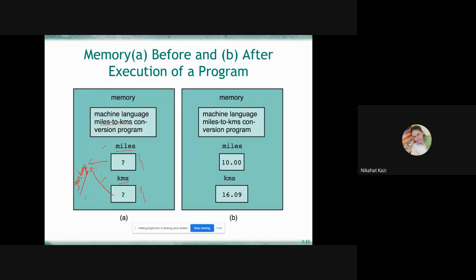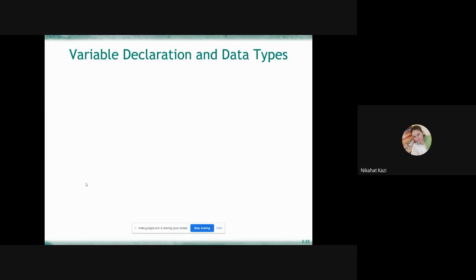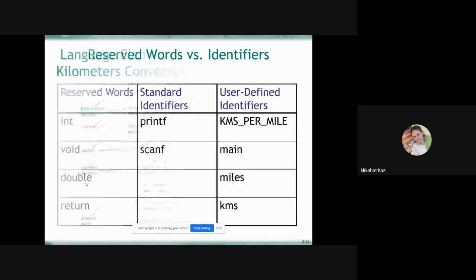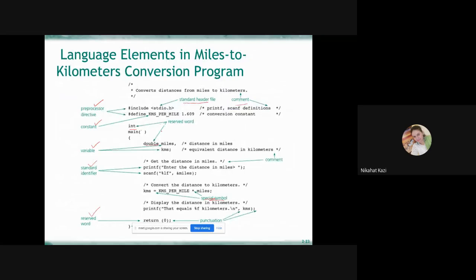But once I run it, I am taking miles from the user. I am doing a scanf, reading the distance in miles from the user.